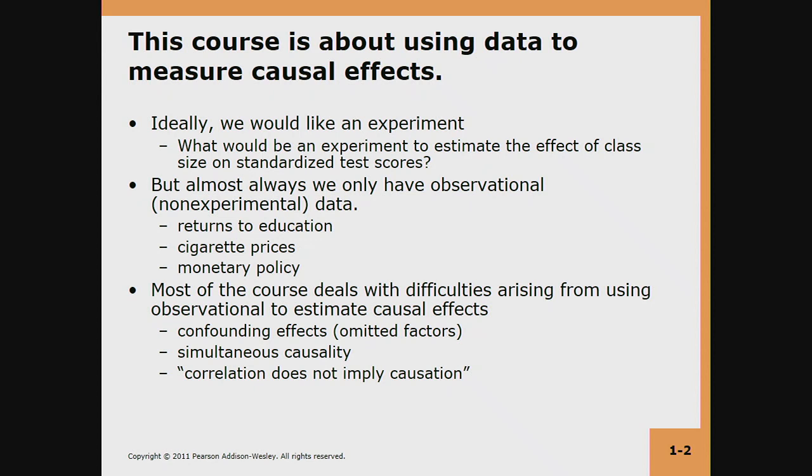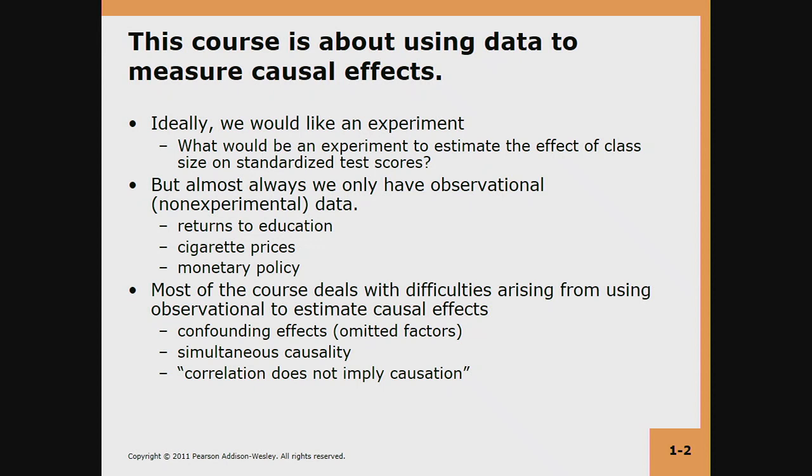You can't randomly assign people to an education design that you think is going to be worse, to purposely hurt them to try to understand what the effect is. So we end up with observational data in economics usually. If you're looking at GDP, interest rates, these are going to be observational. There's no experimentation going on there.